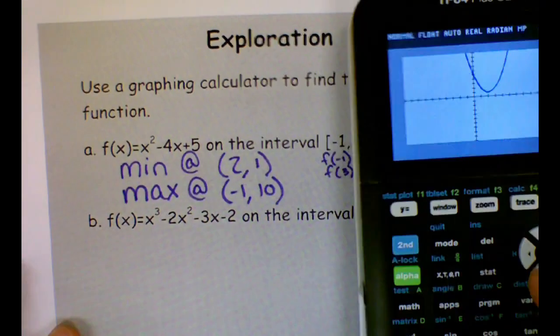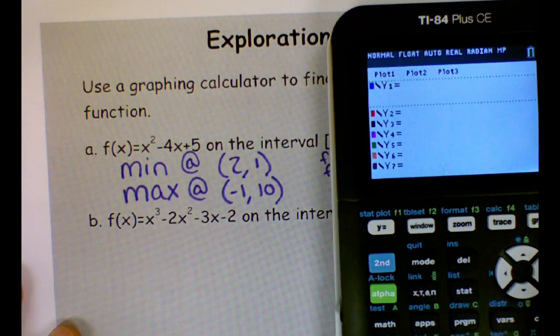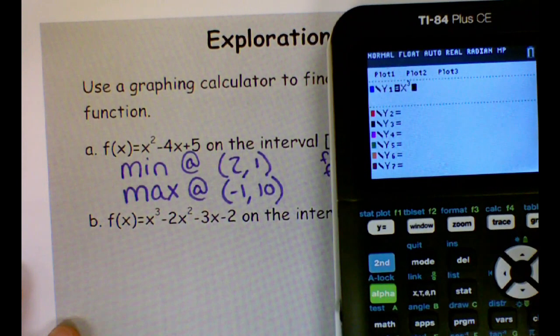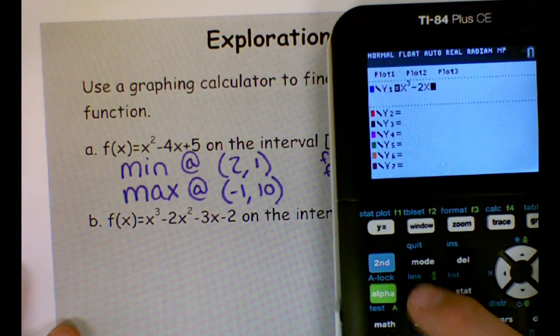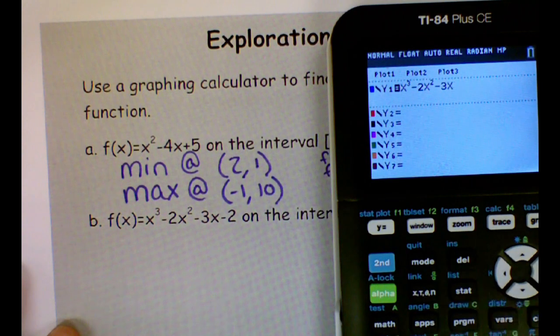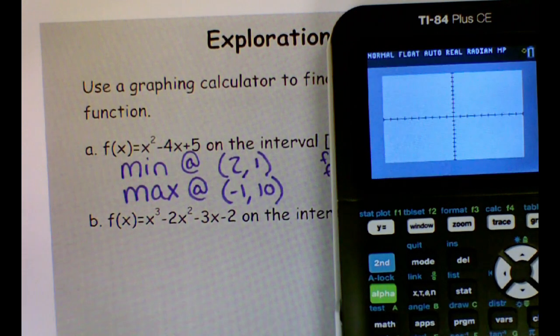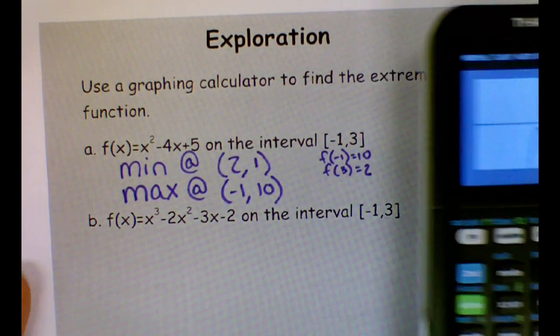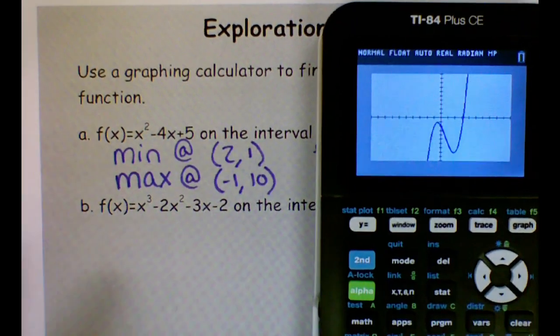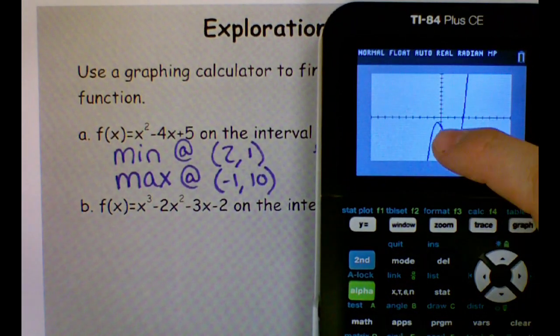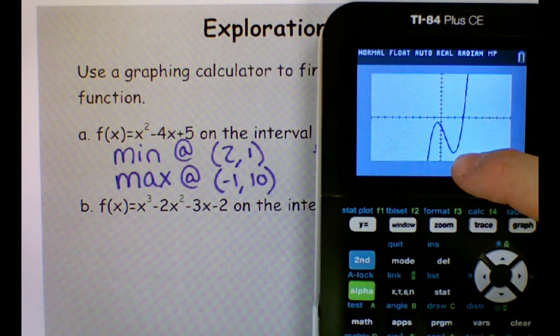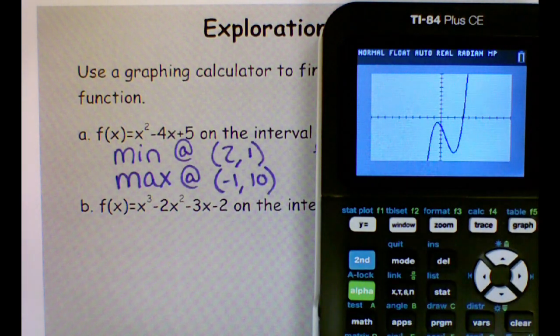All right, let's try the next one. Y equals x to the third power this time, minus 2x squared, minus 2. And we are on the same interval, right? -1 to +3. So I look at this. I might have a max here, a min here, but we're looking just absolute maximums and minimums.